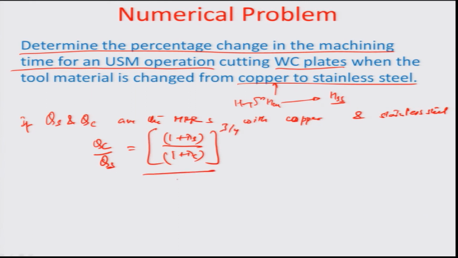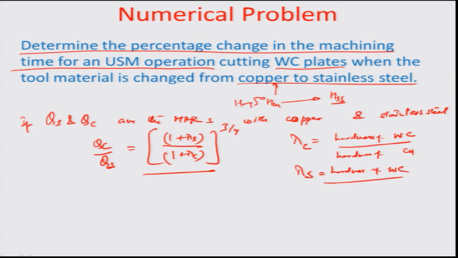This is borrowed from the MRR equation as theoretically obtained earlier. Lambda c happens to be the hardness of the workpiece, which is tungsten carbide, divided by the hardness of copper. Similarly, lambda s is the hardness of the workpiece divided by the hardness of SS, or stainless steel.